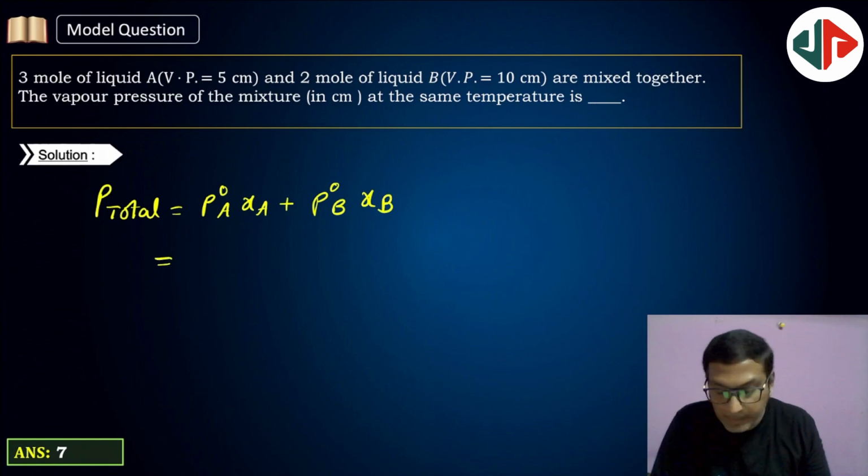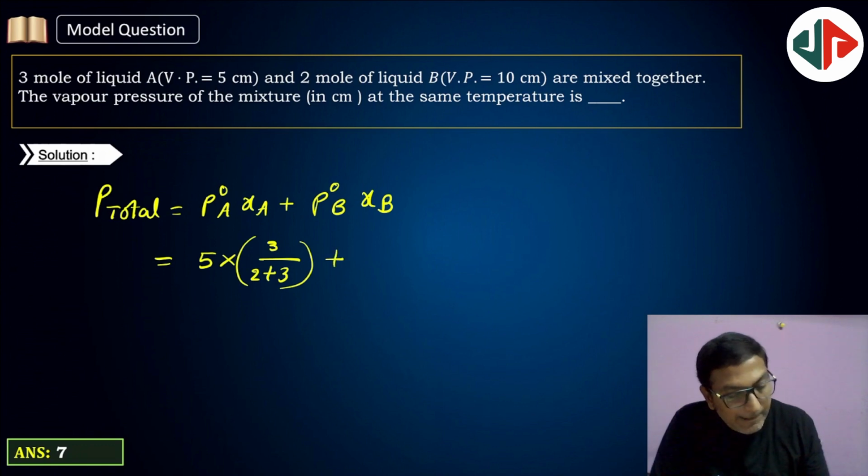That is equal to P naught A, the vapor pressure of A, 5 centimeters, into mole fraction 3 by 2 plus 3, plus P naught B, 10 is given, into 2 by 2 plus 3.